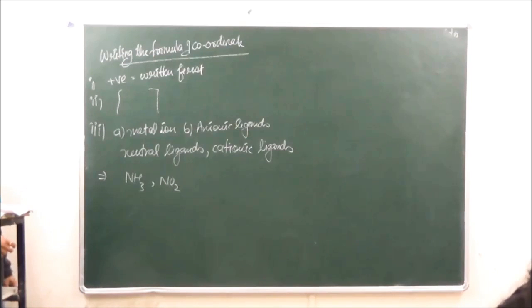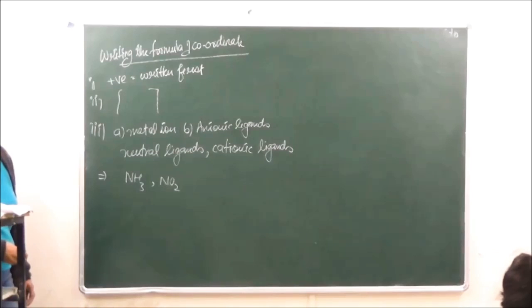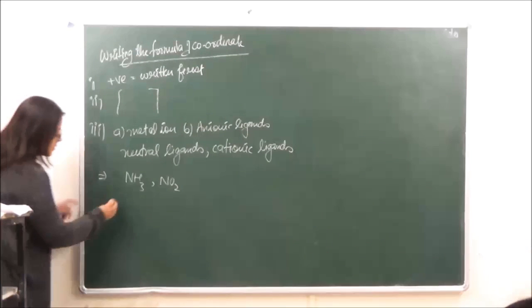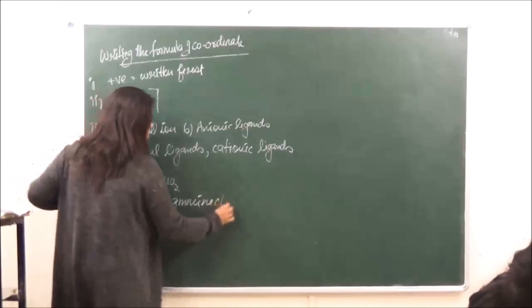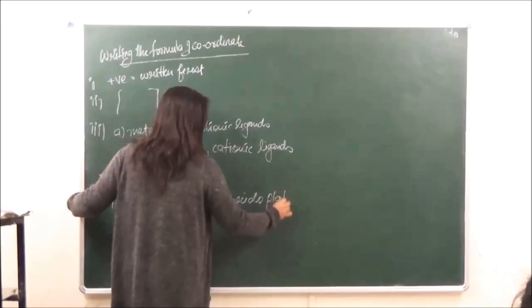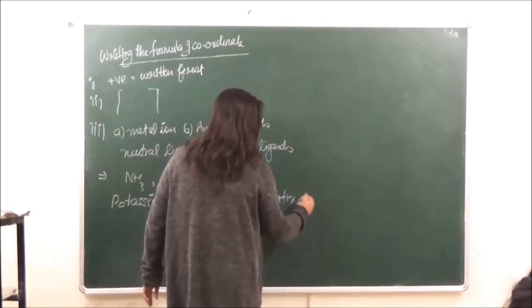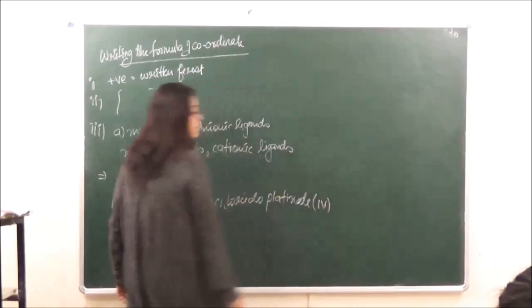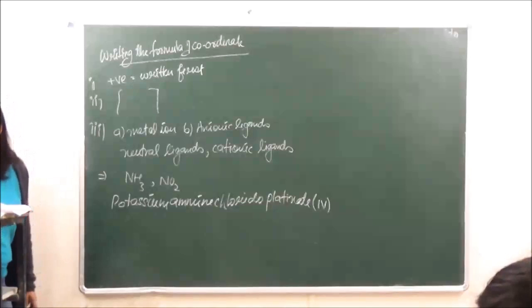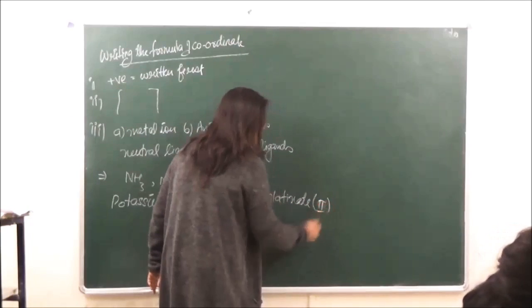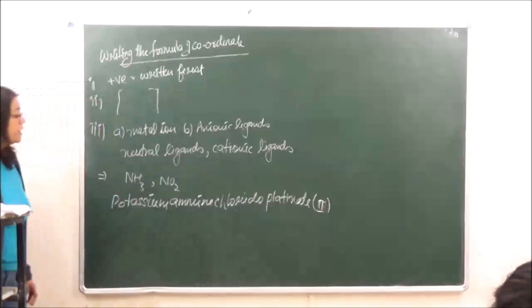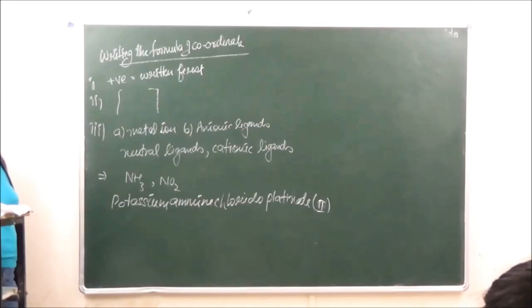We have the name given to us, potassium amine chloridoplatinate, and the oxidation state is given as 2. The oxidation state is going to tell us about the number of counter ions which have to be placed.